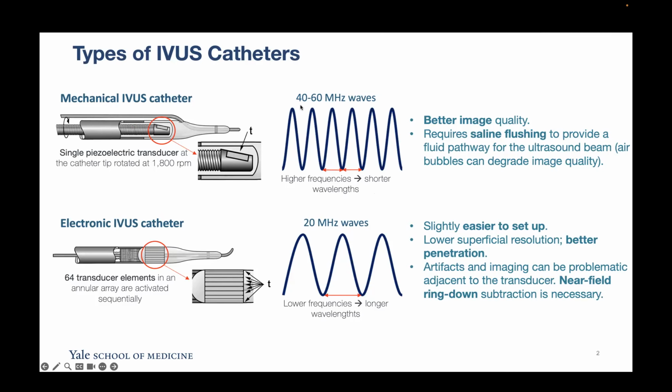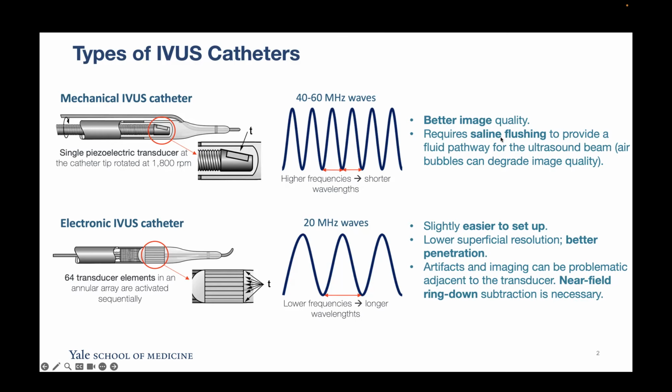Current mechanical catheters produce waves in the frequencies of 40 to 60 megahertz. The higher the frequency, the higher the axial resolution we have; the lower the frequency, the lower the axial resolution. The electronic catheters, represented by the Eagle Eye catheter that we have here in the cath lab, produce 20 megahertz ultrasound waves, which are lower frequencies. So in summary, we have better images with mechanical catheters.